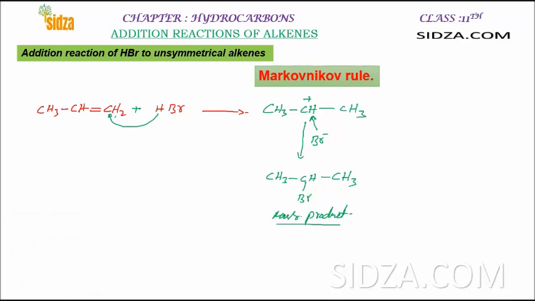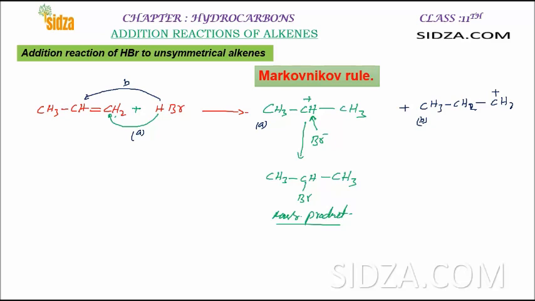But if the same hydrogen attacks this carbon, then what will be the product? The intermediate will be like this, CH3 CH2, and the carbocation is over here. It will be a 1 degree carbocation, if it follows attack B, right? This is the A addition, which is as per Markovnikov's rule.